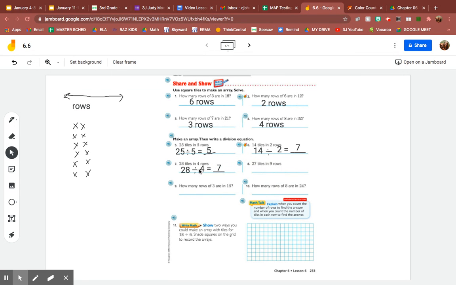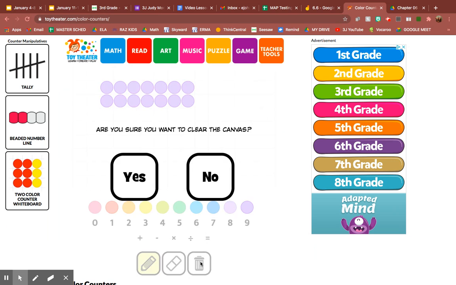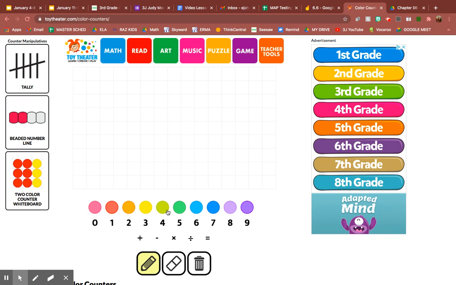So we need 4 rows of 7 to make 28. We're pretty much just doing backwards multiplication. So 4 rows of 7. 1, 2, 3, 4, 5, 6, 7. There's 1 row of 7. There's 2 rows of 7.